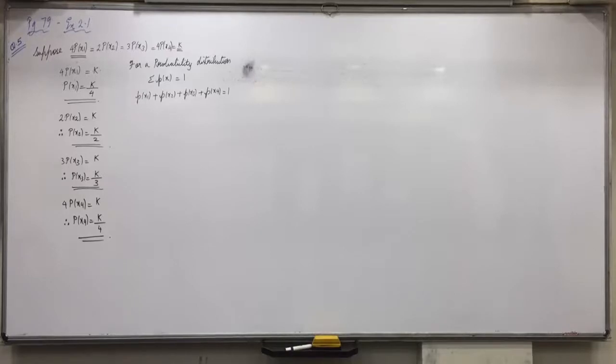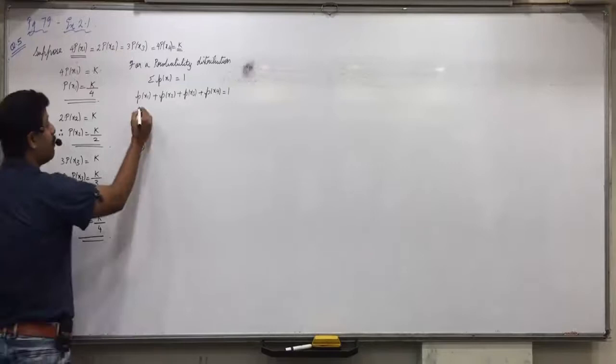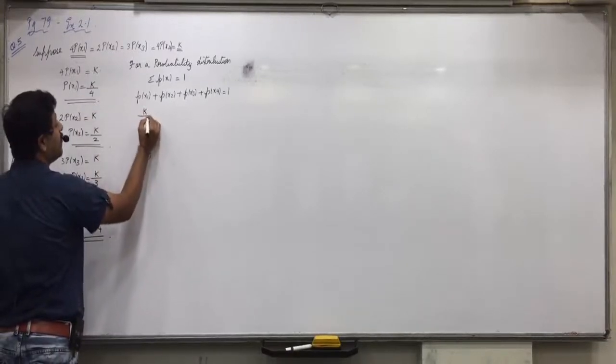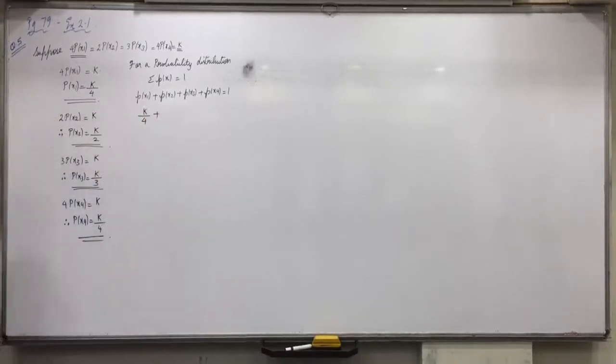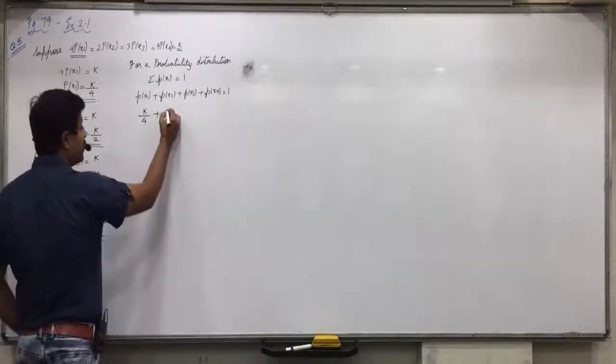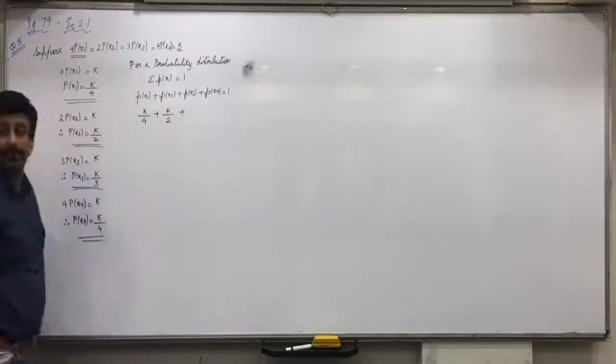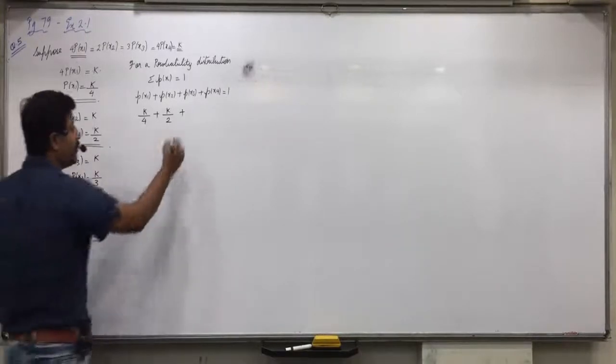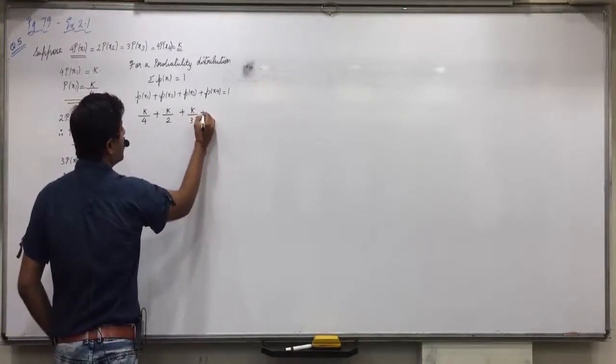It is not x1, it is p(x1). What is p(x1)? k by 4. k by 2, k by 3 and k by 4.